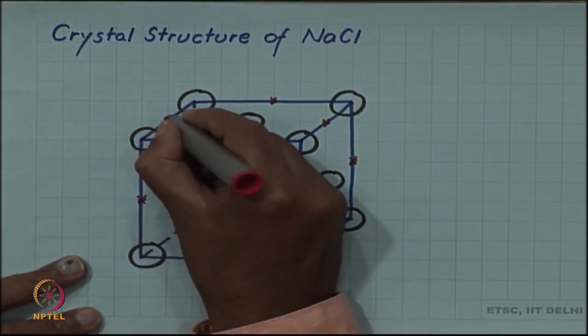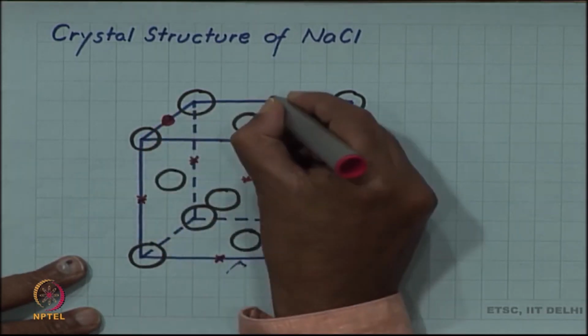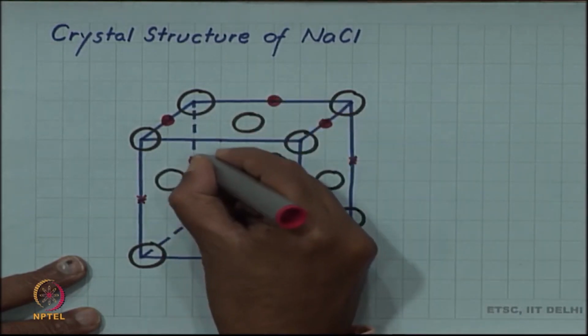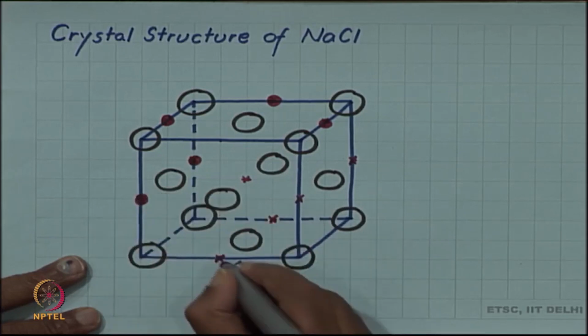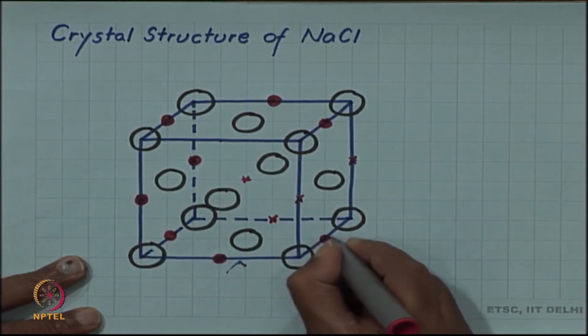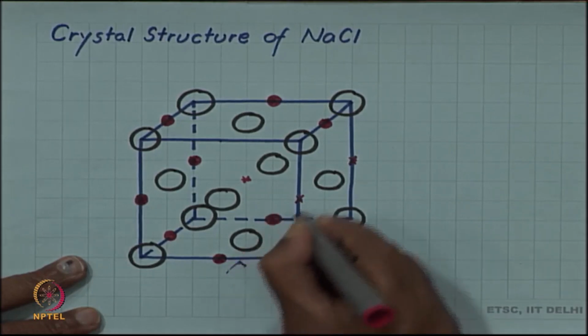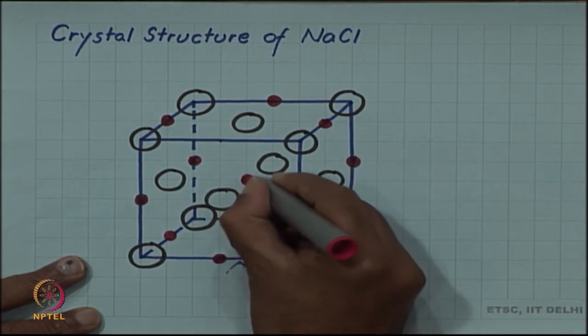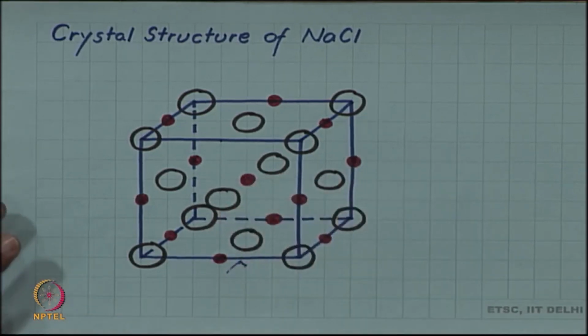So, if I put a sodium ion on each of these, my structure is complete. This is the sodium chloride crystal structure.